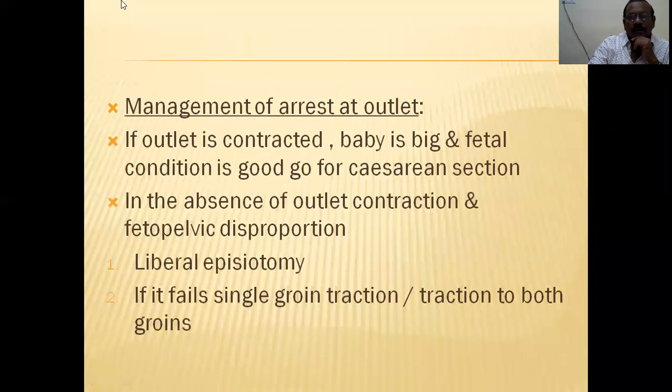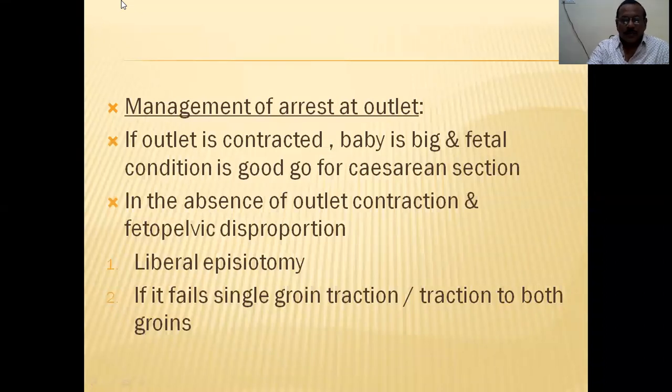If the outlet is contracted, the baby is big, and fetal condition is good, go for cesarean section. In the absence of outlet contraction and feto-pelvic disproportion, give a liberal episiotomy. If it fails, apply single groin traction or traction on both groins, if the baby is live.